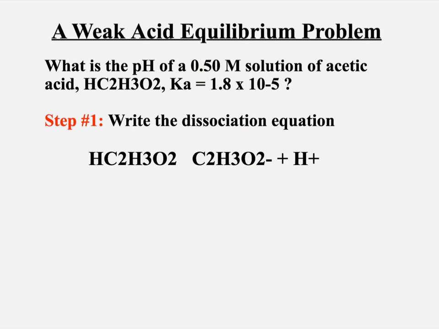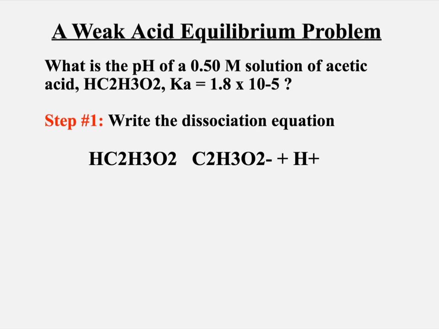But there's that part, and then there are also the equilibrium problems. What did we say pH was as a definition in the last PowerPoint? pH is the negative log of hydronium ions.